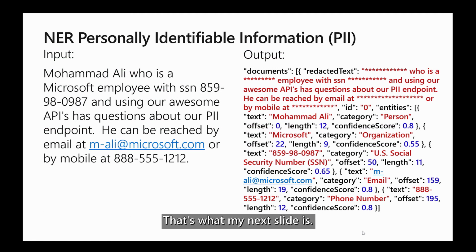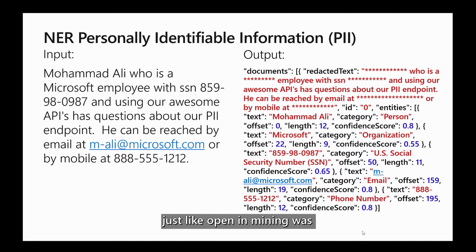And that's what my next slide is. In this example, as you can see, when I send something like a social security number, a mobile phone number, or even an email, this is identified as PII, and then depending on whether you have set the flag for redaction as true or not, you get the redacted text back, right? So it's an extension of NER.